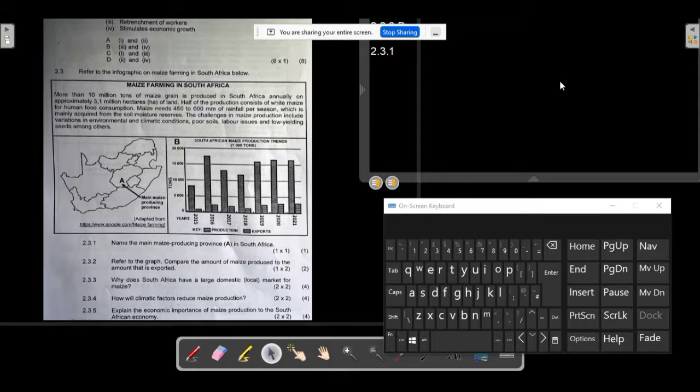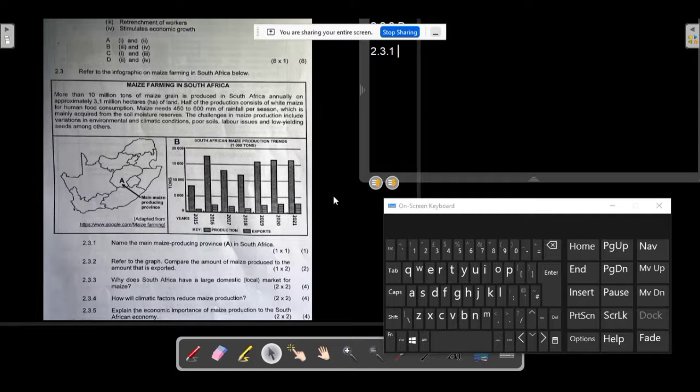More than 10 million tons of maize grain is produced in South Africa annually on approximately 3.1 million hectares of land. Half of the production consists of white maize for human food consumption.